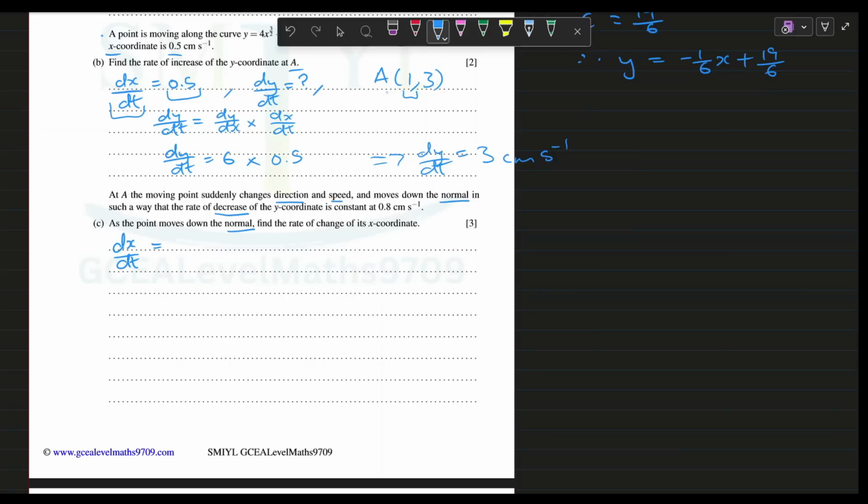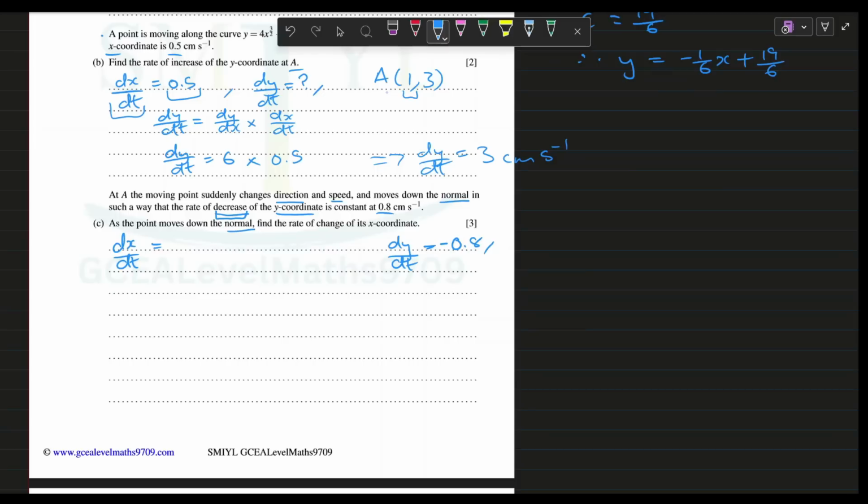So we're going to have to create a chain rule again. Here we've been given dy/dt, and remember this is a rate, so dy/dt is 0.8, but be careful, this is a decrease, it's not an increase. So for a decrease, it's negative 0.8.